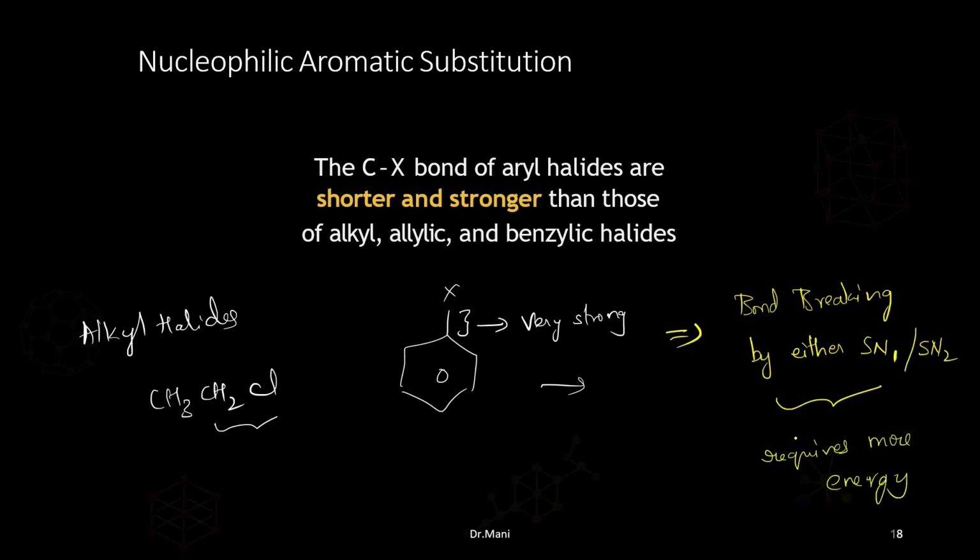That's another difference for the aromatic compound compared to the aliphatic compounds. Understood? For alkyl halides, you can easily break this bond. You don't need to spend too much energy. But in order to break the bond between the halogen and the aromatic ring, you need a lot of energy. So bond breaking for an SN1 or SN2 reaction is not an easy step.